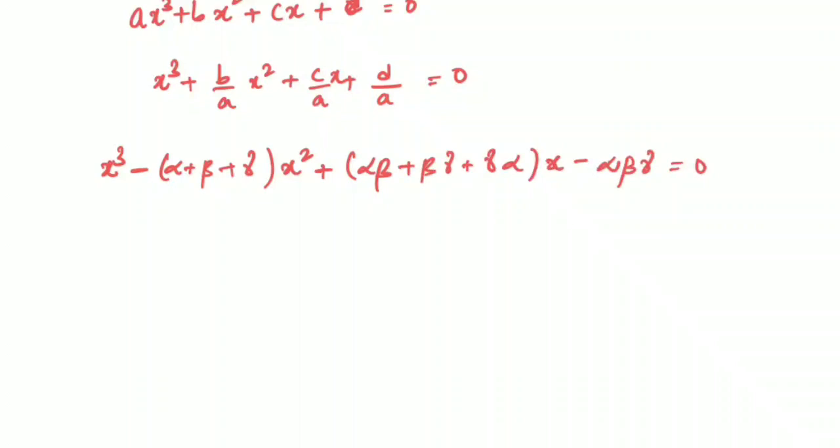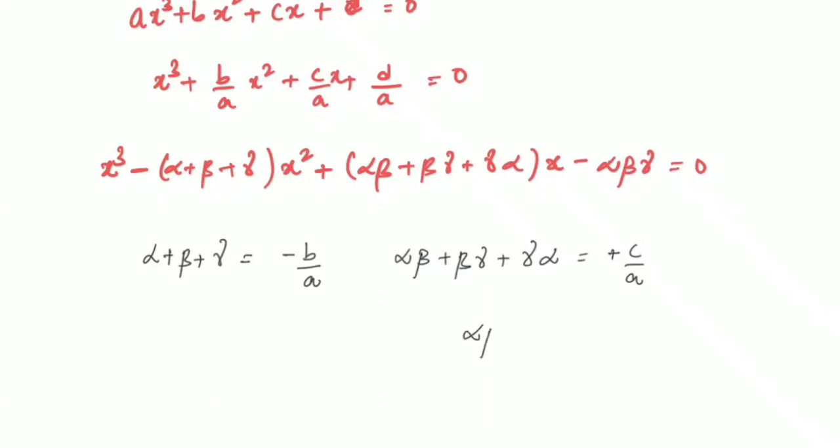If you compare these two equations, you will get alpha plus beta plus gamma, that is the sum of roots or sum of zeros, is minus b by a. Then the sum of the product of roots, alpha beta plus beta gamma plus gamma alpha, is plus c by a. Finally the product of zeros is minus d by a.